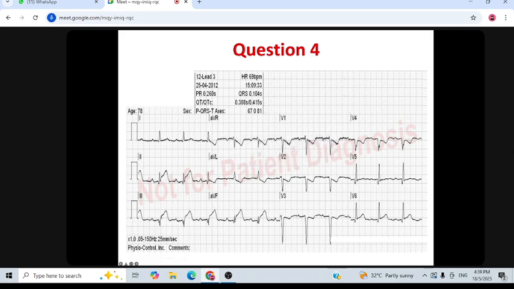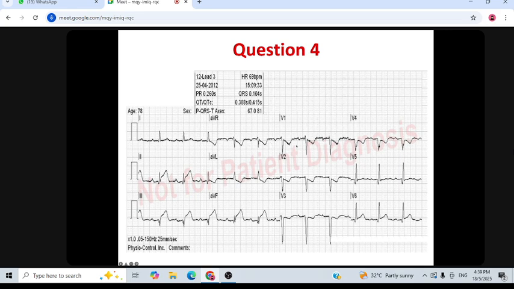What about lead 3? Elevated. Lead 3 is elevated as well. And here? Elevated as well. What about this one? Depression. So this is elevated, this is depression. How about V1? Depression.